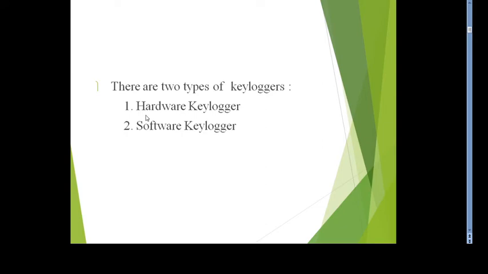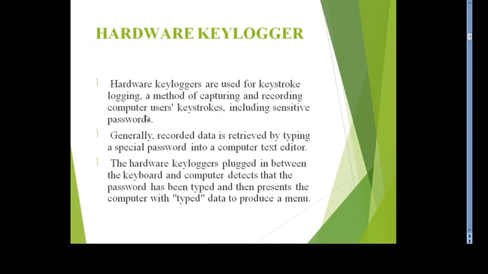So there are two types of keyloggers. One is a hardware keylogger and the second one is a software keylogger. We can see them one by one. First we see what is meant by hardware keylogger. Hardware keyloggers are used for keystroke logging, a method of capturing and recording computer user keystrokes, including sensitive passwords.